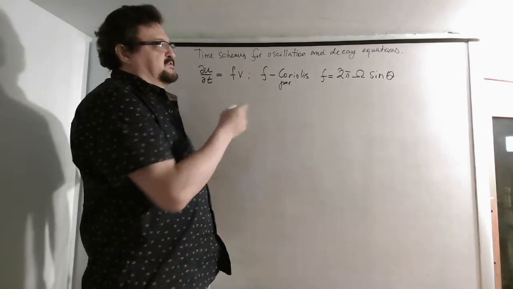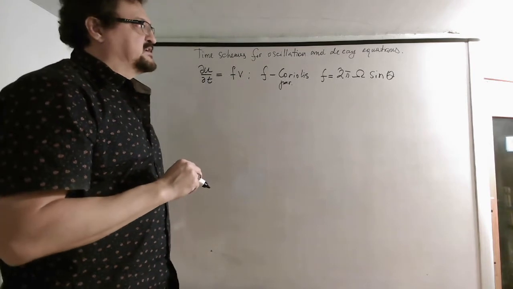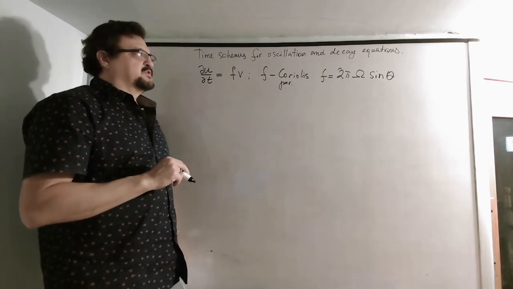So it's zero, the Coriolis force is of course zero at the equator, and it's a maximum at the pole.